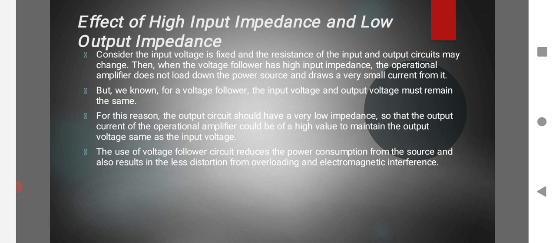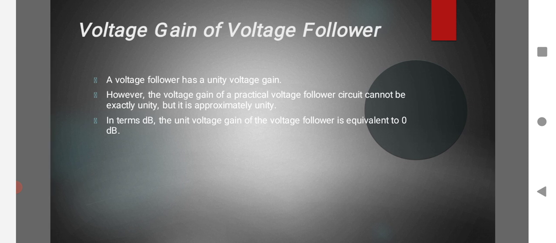For this reason, the output circuit has a very low impedance, so that the output current of the op-amp can be of a high value to maintain the output voltage the same as the input voltage. The use of the voltage follower circuit reduces the power consumption from the source and also results in less distortion from overloading and electromagnetic interference.